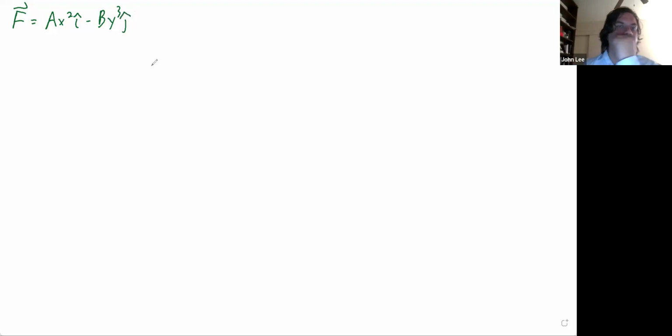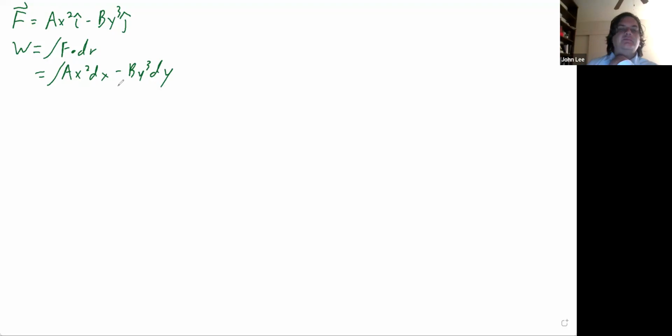Then we can find the work done by doing F dot dr, which is going to be equal to A x squared dx minus B y cubed dy.